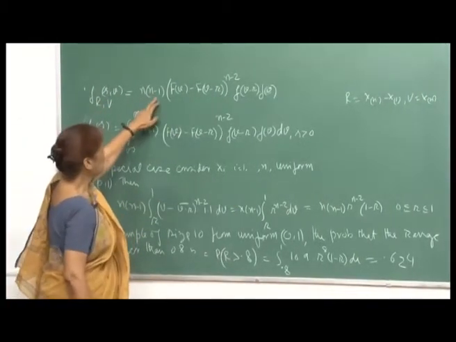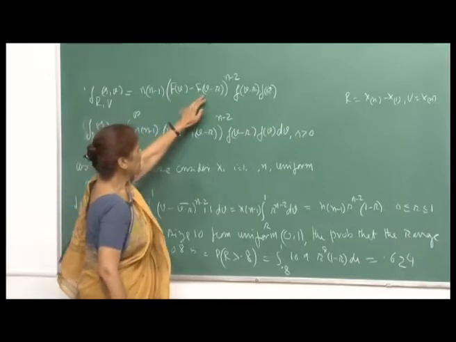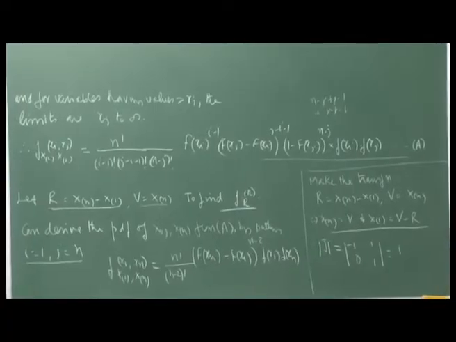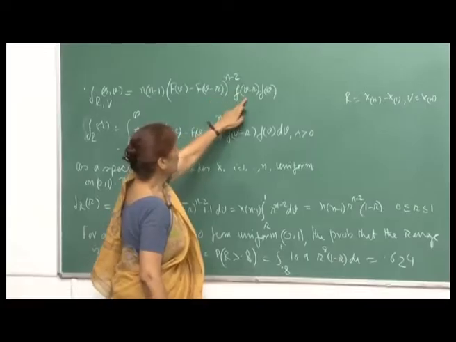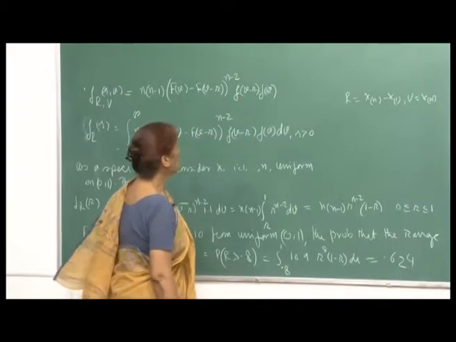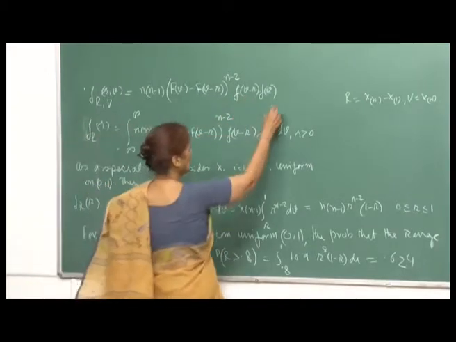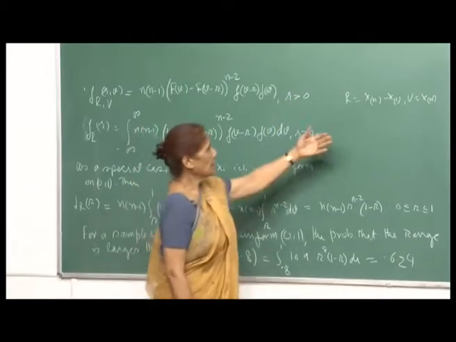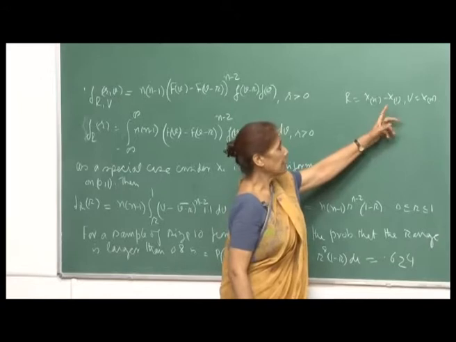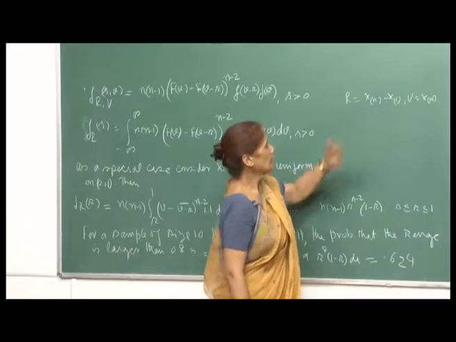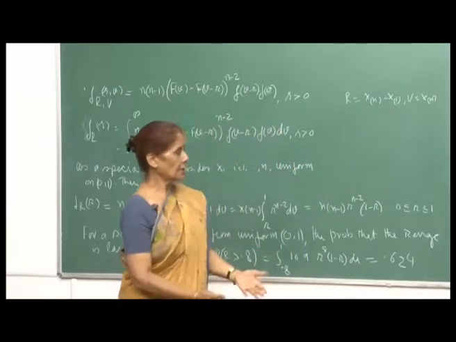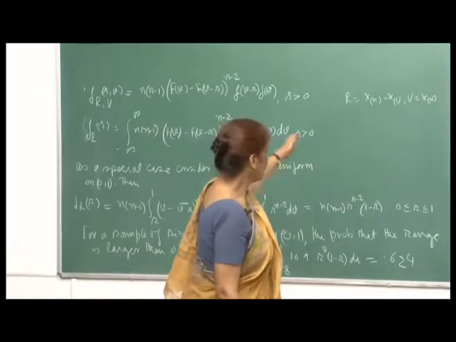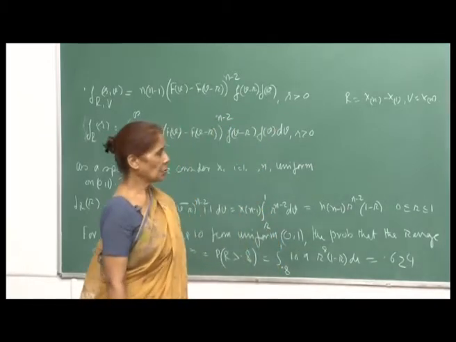So, n into n minus 1, F v minus F v minus r, which is your x 1, raised to n minus 2, and this is f of v minus r, f v. And here of course, it is understood that r is greater than 0, because r represents the range and x n is greater than or equal to x 1. And of course, if range is 0, there is no point. So, we are taking r to be some positive number.